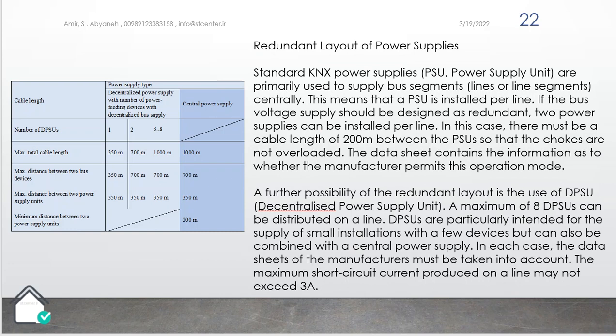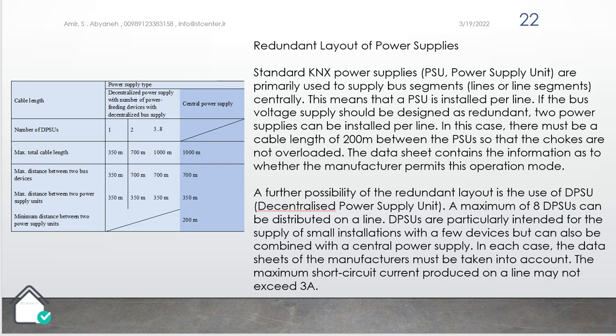Okay, another option is to use a redundant power supply. Standard KNX power supplies, we call them PSU, power supply unit, are primarily used to supply bus segments, lines and line segments centrally. Centrally means you put one power supply to power up 64 devices, for example. This means that a PSU is installed per line.